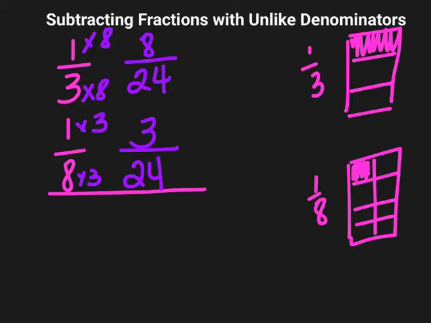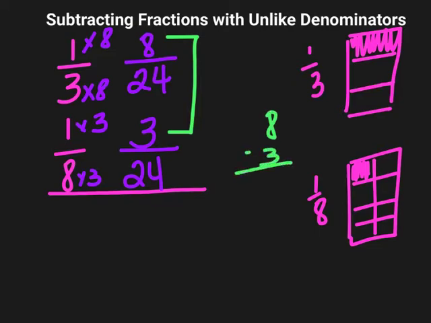Now, since we have the same denominators, as you can see, of having 24, 24, also the smallest number is at the bottom, the larger one is at the top. We have 8 and we have 3. We can now subtract only these numerators. So we're only subtracting 8 minus 3.